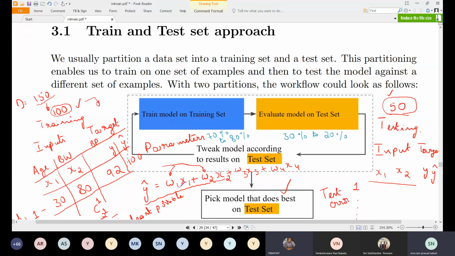W1 is the weight that you assign to the first unit, W2 is the weight that you assign to the second, third, fourth.